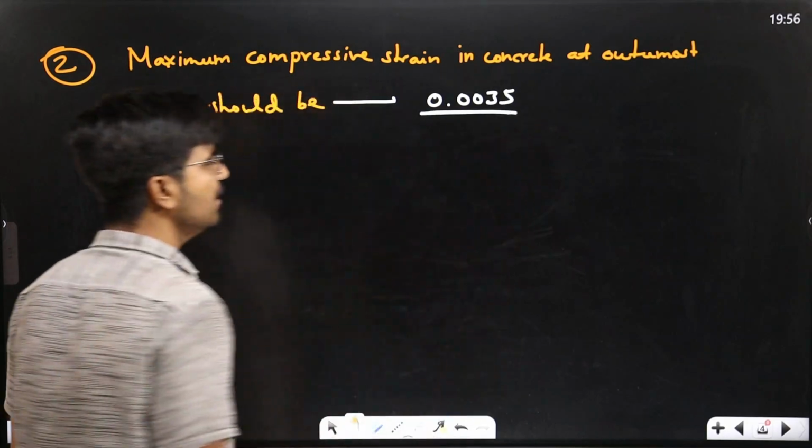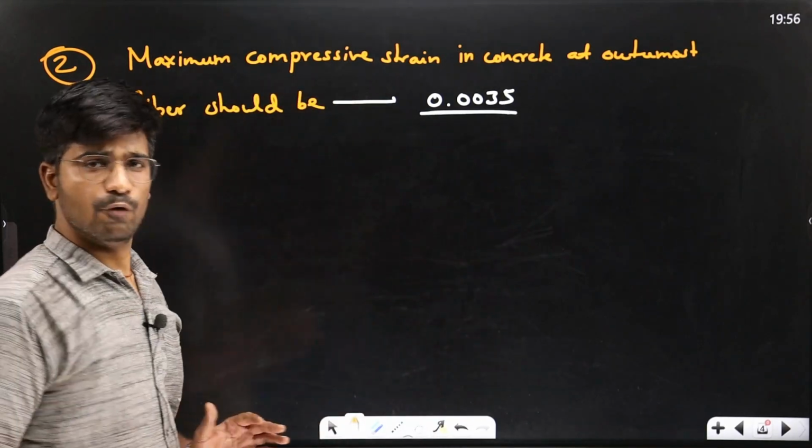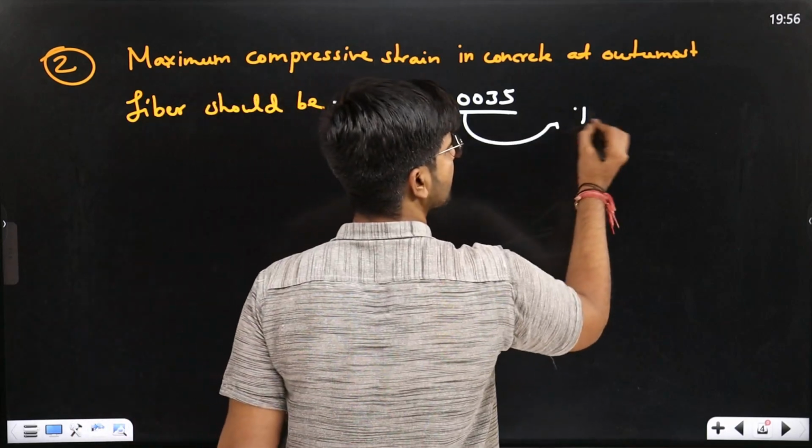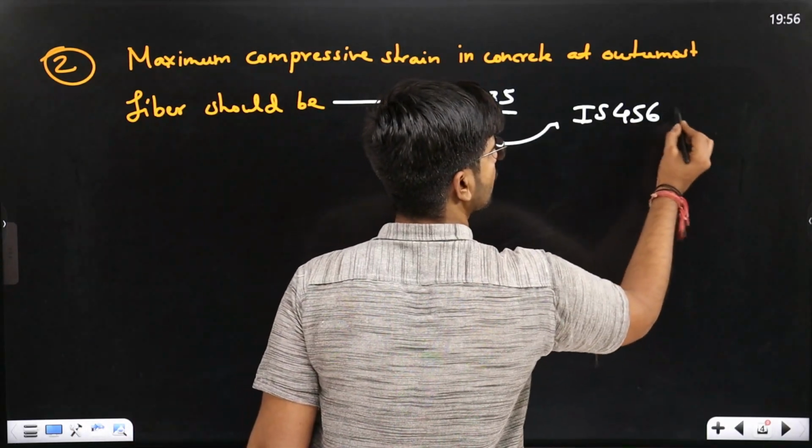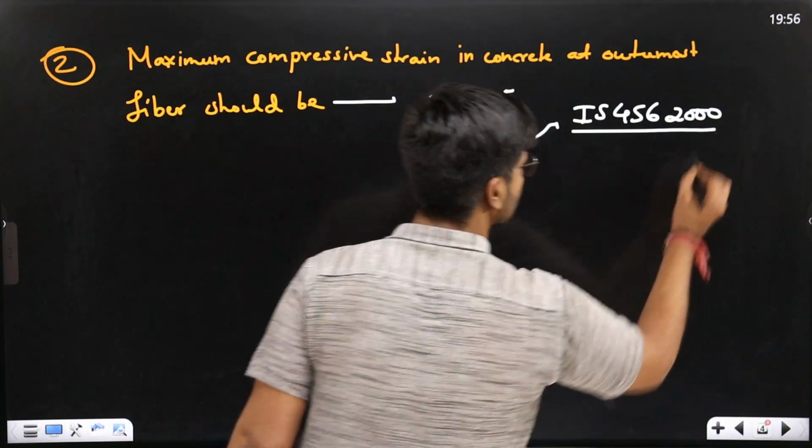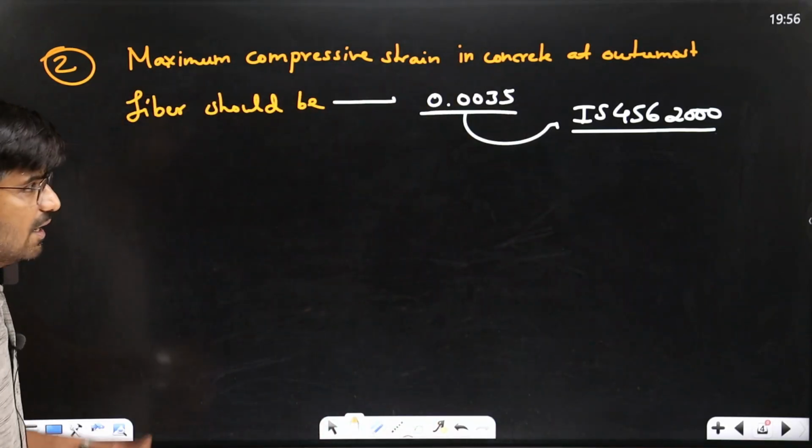Sir, how is it possible? It is written in your code. What is your code for RCC? It is IS 456:2000, Indian Standard 456, where 2000 is the year of upgradation.